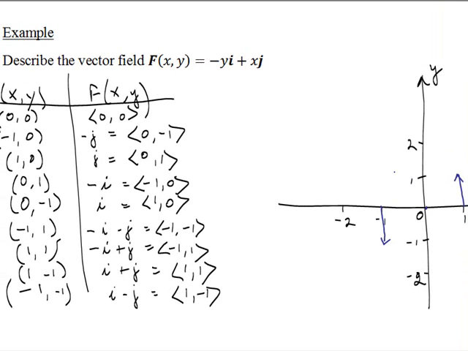At 0, 1, draw the vector negative 1, 0. At 0, negative 1 below there, draw the vector 1, 0.